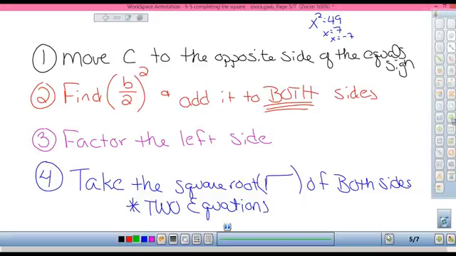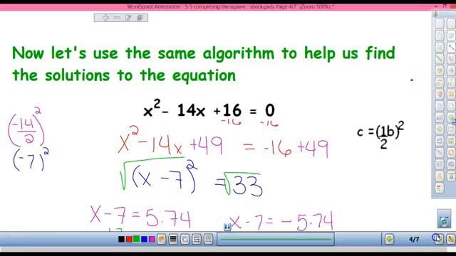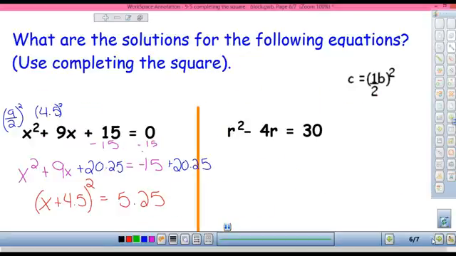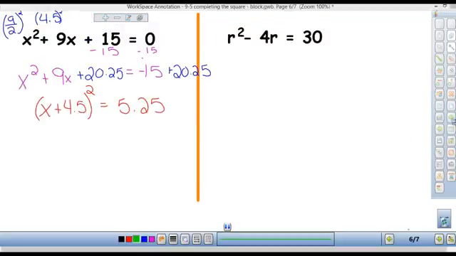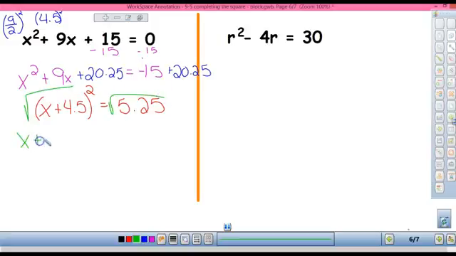Those of you that are waiting for me to flip, maybe you should be trying to take the square root of both sides. Okay. How many equations am I going to get? 2 equations. So if I'm square rooting both sides, I get x plus 4.5 equals, no, square root.